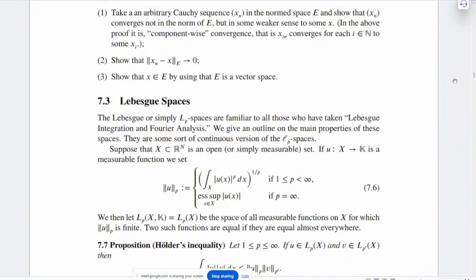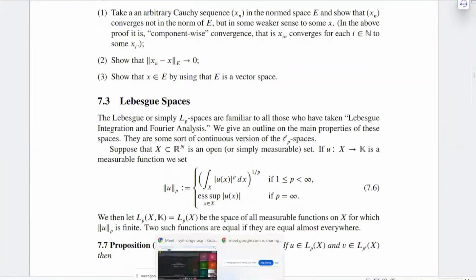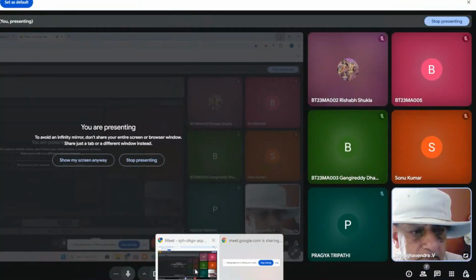Do you know the sum? Partial sum, I don't know, sir. Geometric series. 1 plus r plus r square plus etc., with 0 less than r less than 1, is convergent, and the sum is 1 over 1 minus r. Yes, sir. Use that. That's the one which you have to use.